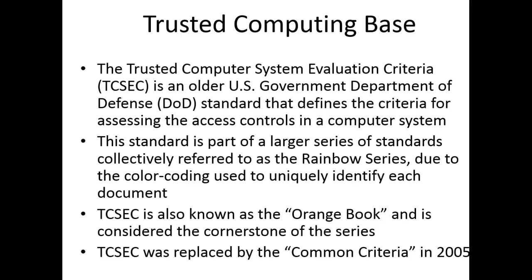This standard is part of a larger series that sometimes they call the Rainbow series. You can go and look more into the Rainbow series and why they call it that, because that's due to the color coding used to identify each document.